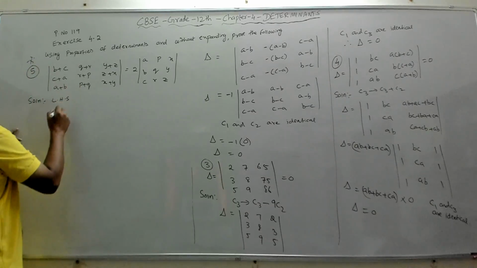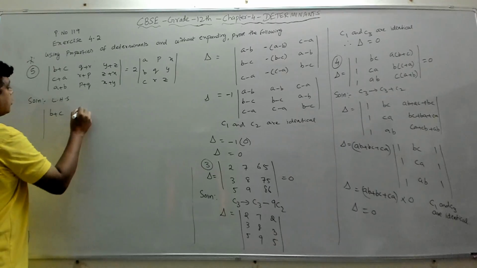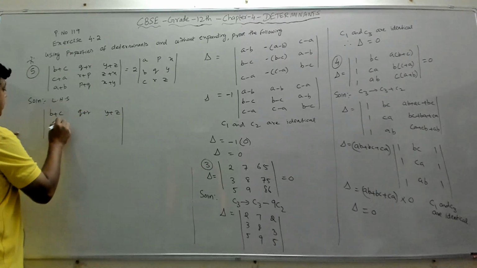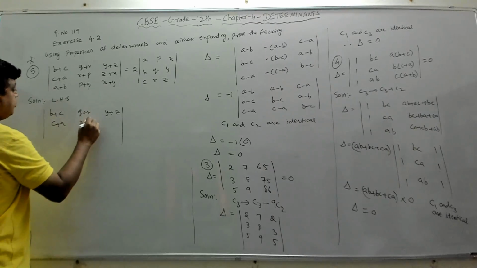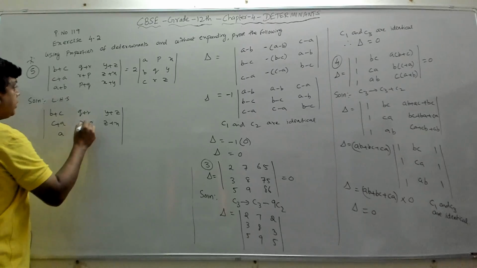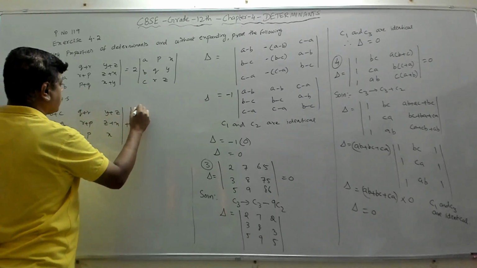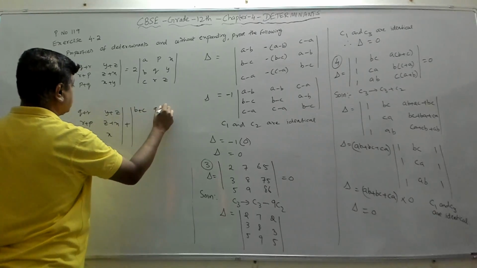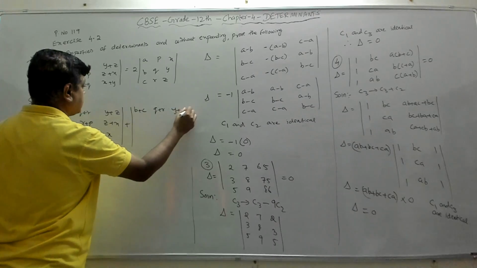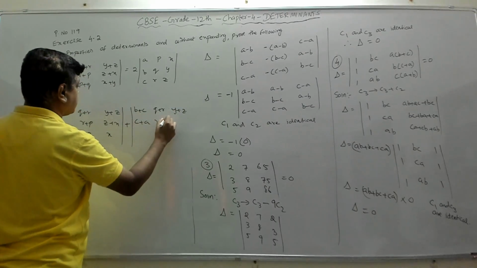So if I break this determinant, it will become a determinant where the first row I am not going to change anything. Second row also I am not changing anything. Third row I will write as A, P, X, plus a determinant where the same thing comes for the first row, Y plus Z. We are applying property 5 here.